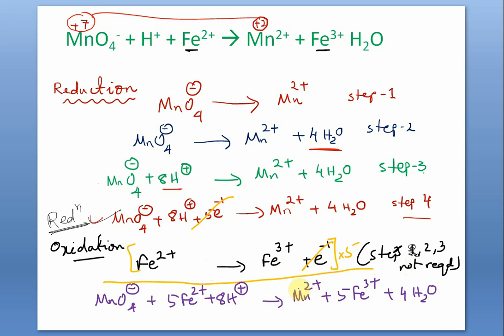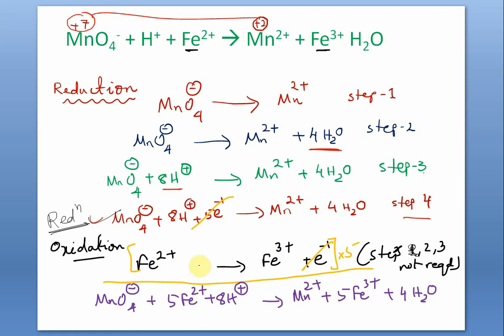Then the second and third rules are not required because there is no oxygen, so no water, no H plus ion. Directly we jump to equalization of charge. Since it is an oxidation step, we have to add electron in the RHS. So if you add 1 electron in the RHS, the net charge in the RHS will be +2 and this is also +2. So both sides now have the same charge.